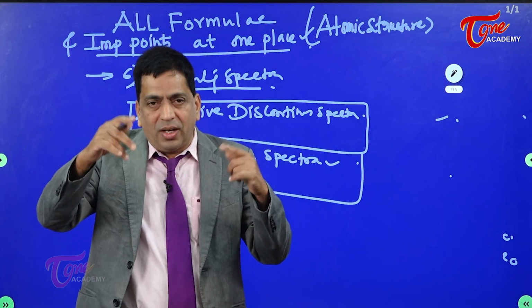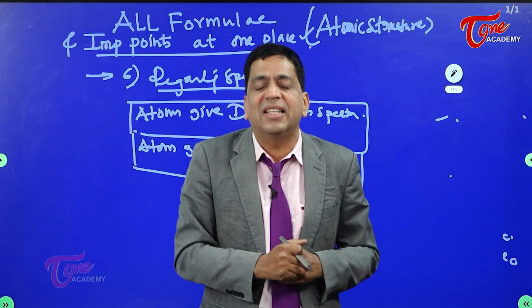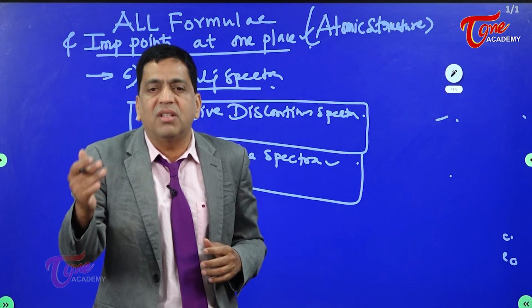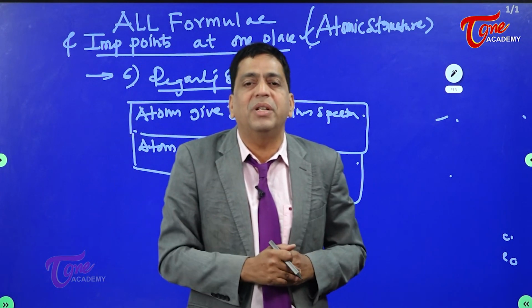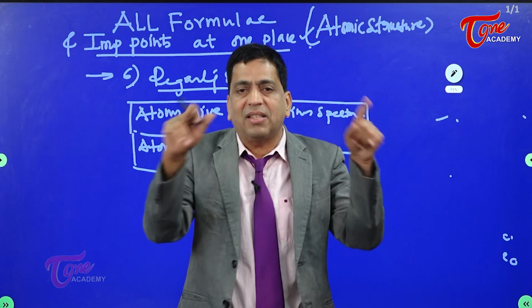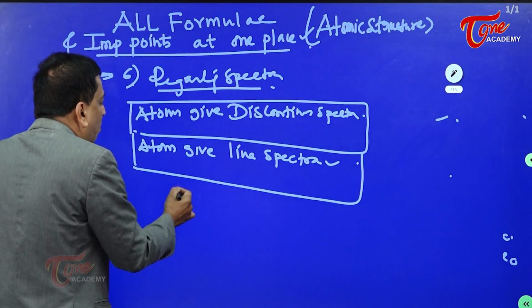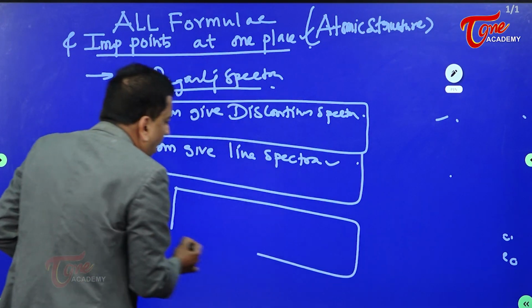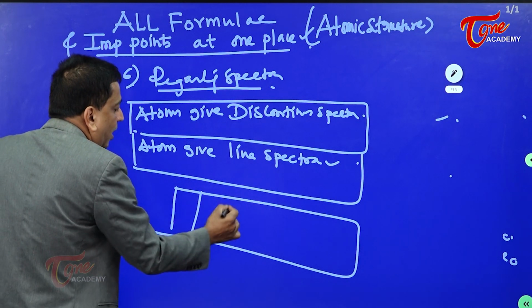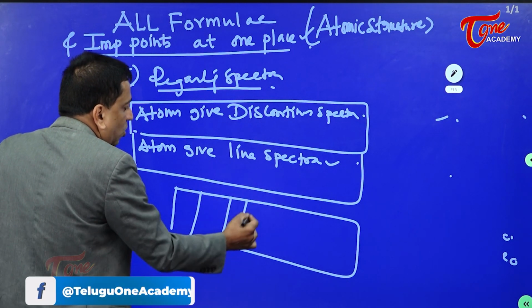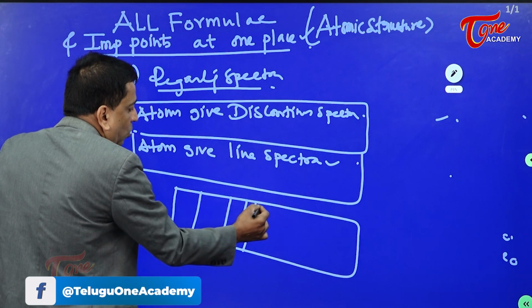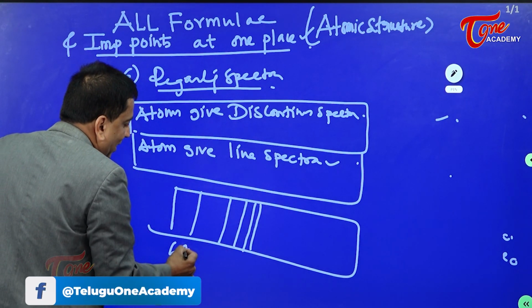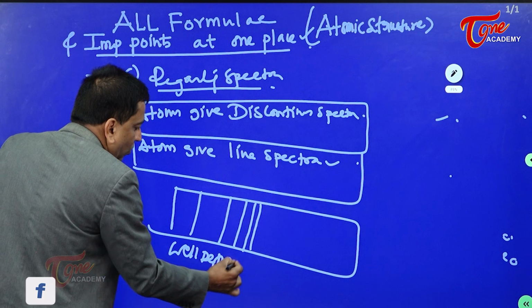When electrons jump within the shells, the light that comes out goes through the slit of a spectrophotometer, and the slit image is formed as a line. So line spectra somewhat looks like this, and remember that each line has great gaps. You can actually distinguish the gaps, and these are well-defined lines.